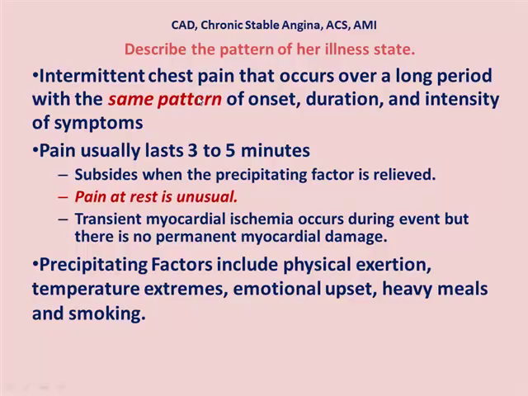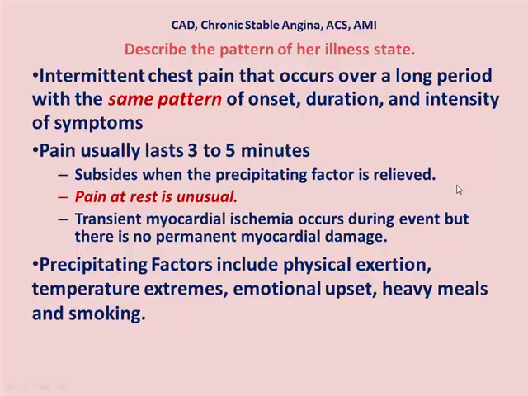In other words, the patient will say to you, well, you know what, I most of the time sit in my chair, but every time I get up to brush my teeth, I get chest pain. It usually lasts within a couple of minutes, and as soon as I sit down, then the pain will go away. So that's what this means.